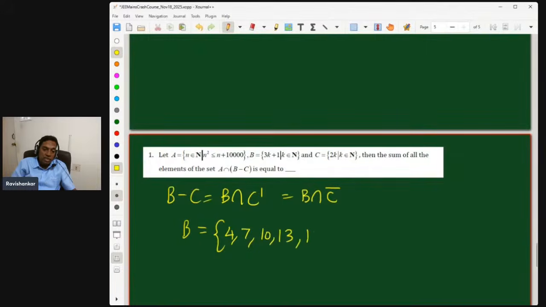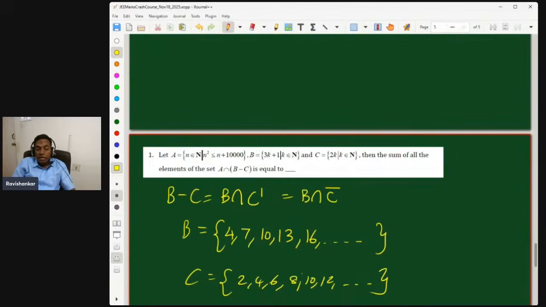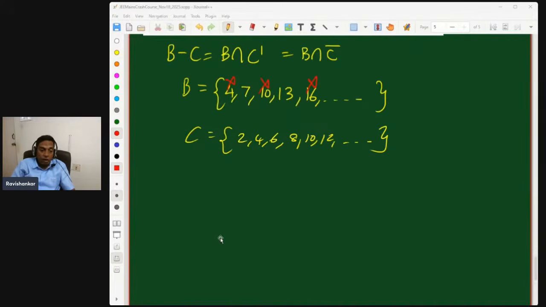So you can see that it is 4, 7, 10, 13, etc. Okay, and C is all even numbers 2, 4, 6, 8, 10, 12, etc. So B intersection C bar is: take elements from C and cancel them in B. So cancel 4, all the even numbers 10, 16, etc. Okay, so what will be left?